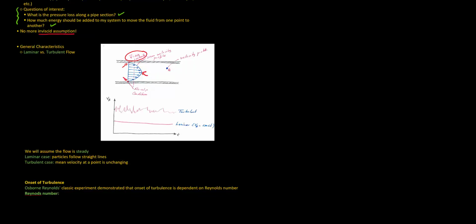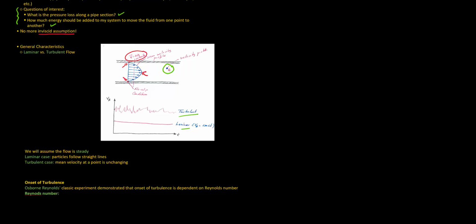Now consider that we place a velocity probe somewhere in our pipe. Now, if we were to look at a time series of the velocity probe, we would see two very different looking time series depending on whether our flow is turbulent or laminar. So for a laminar flow, we would see that the velocity at point A would be constant.